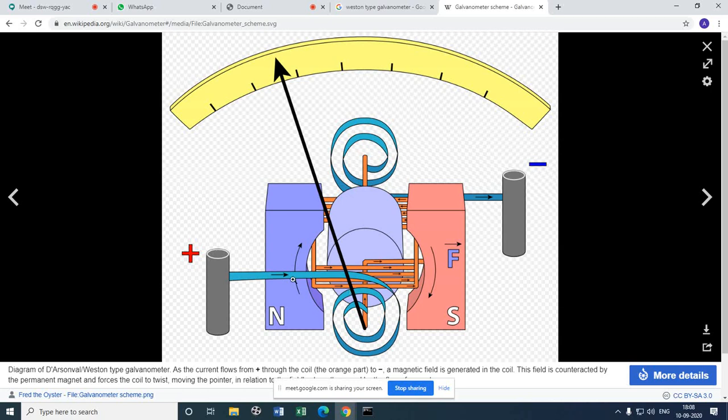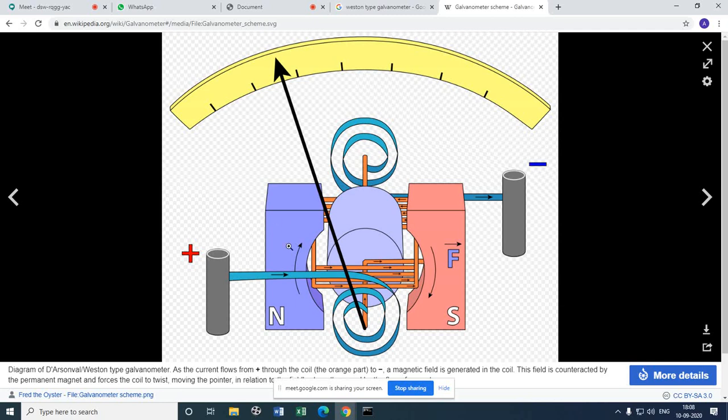Also there are these blue lines you see, these are phosphor bronze springs. They give the restoring torque. It is based on the principle that when a current carrying coil is placed in a magnetic field, it experiences a torque which tends to rotate it. Is it or not?